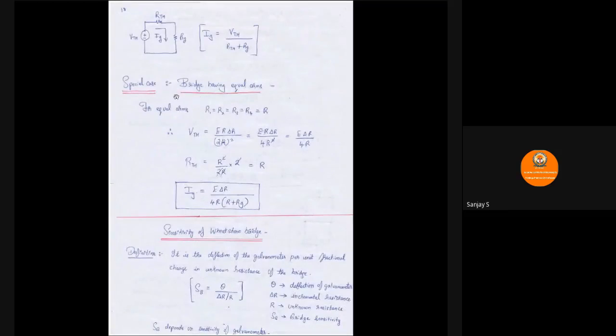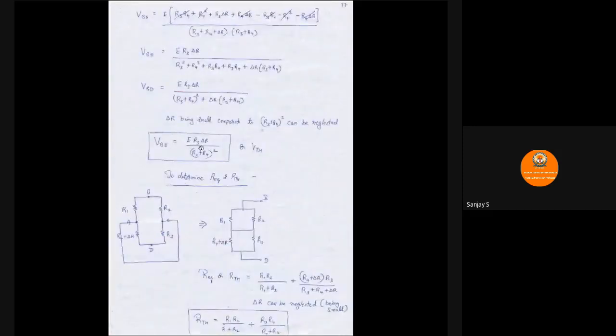Now a special case where the bridge has equal arms. In case the bridge has equal arms, that is R1, R2, R3, R4 being equal to a single resistance R, let us see what will happen to IG. Just take up the equation of VTH, which is E R3 delta R by R3 plus R4 whole square. Here, R3 and R4 should be equal to R. That's what you have to do.